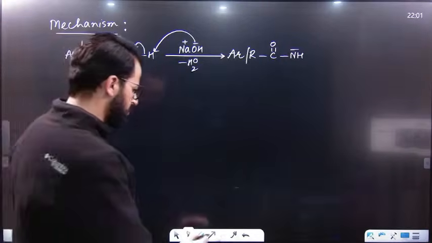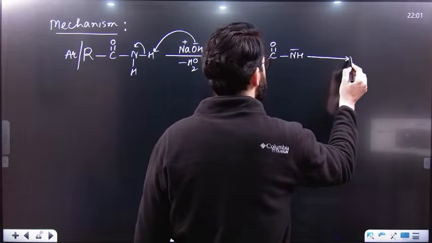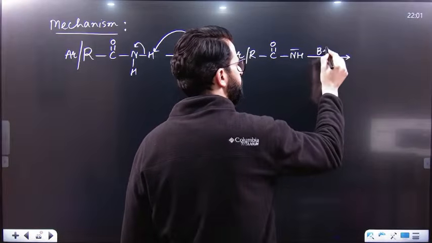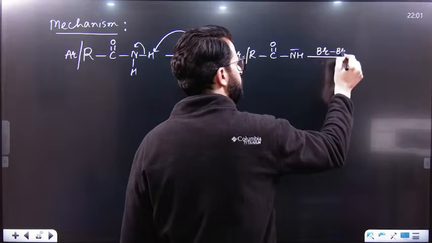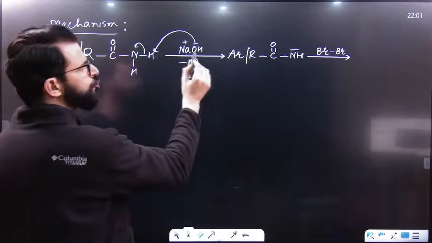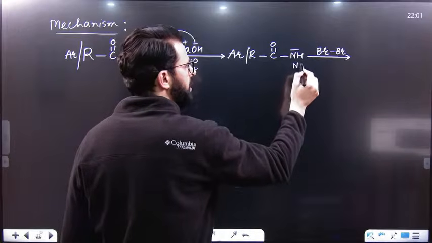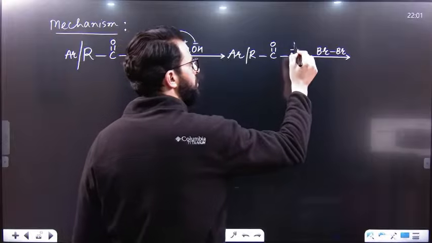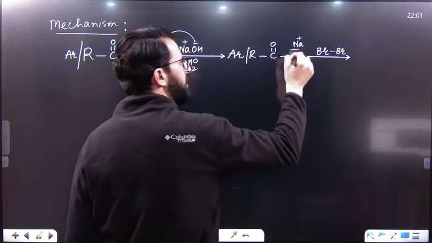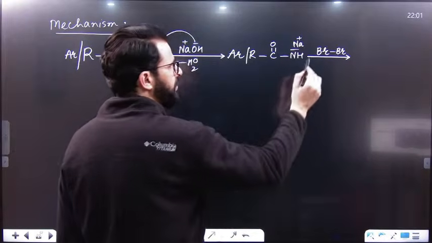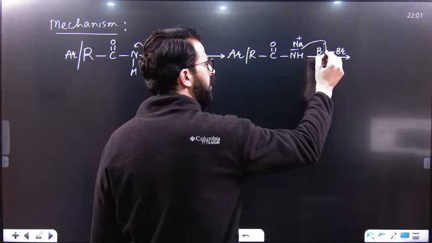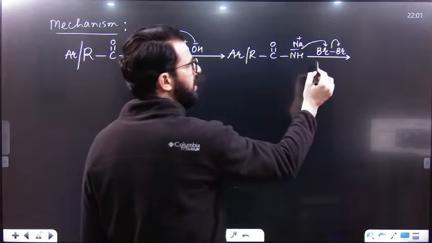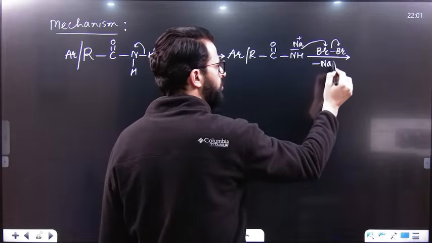After this, it is treated with bromine. This positive part, Na positive, will attract the negatively charged nitrogen. That means there will be an attraction between these two. Then the negative charge will attack one of the bromines and Br minus will be lost. So Br minus and Na positive, meaning NaBr, will be lost.